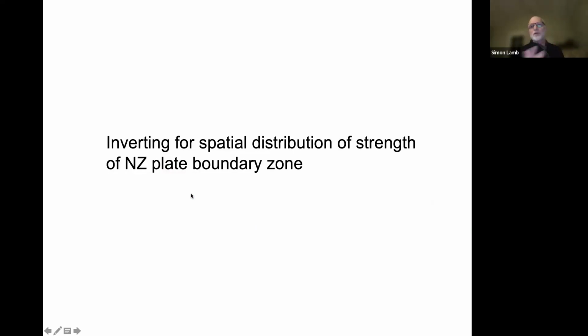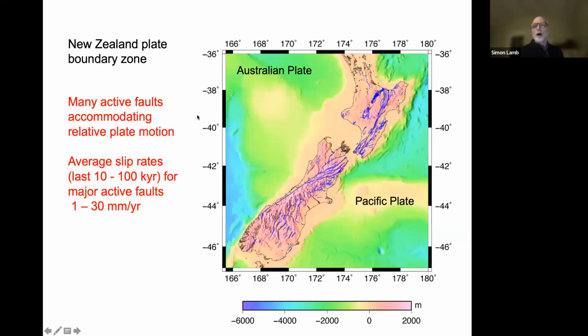Okay, so that's a particular type of fault. These are the big faults. But what about the general level of the deforming crust? Well, you can do the same thing, but with a slightly different approach. I've done this for New Zealand.